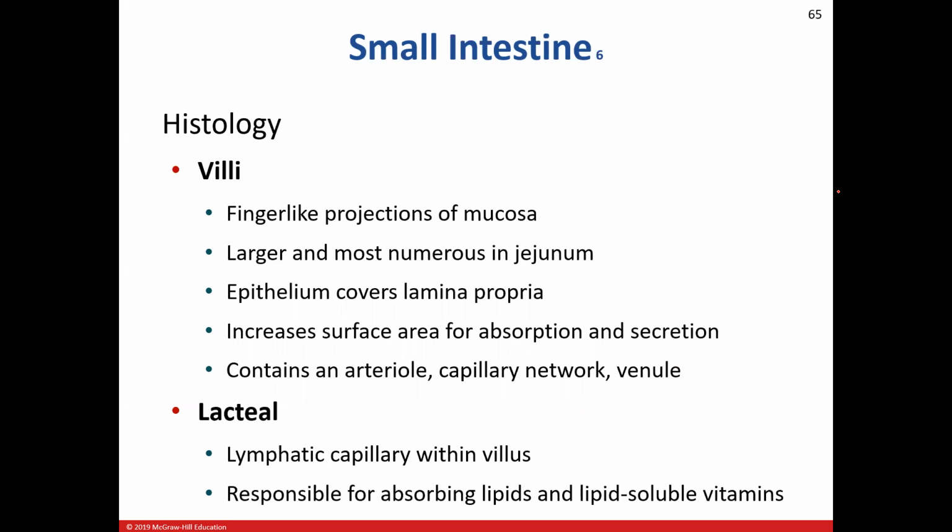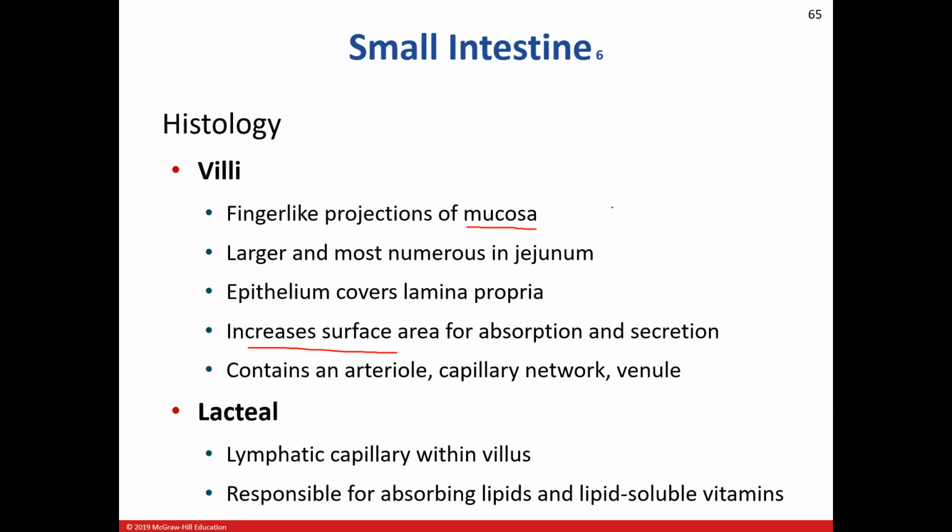Well, in our small intestine, we have these small projections of the mucosa into the lumen of the small intestine. And their role, again, is to increase that surface area, because simple epithelium, never forget, its function is secretion, absorption, and filtration.